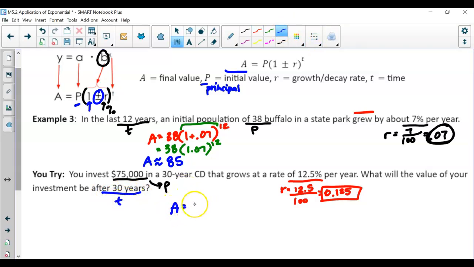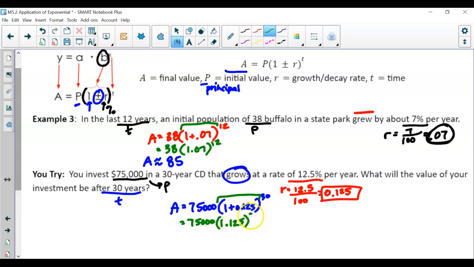So here we go. A is equal to our initial 75,000 times 1, we're growing, so plus our rate of 0.125, raise that to the 30th power. So now notice this is the same as 75,000 times 1.125.